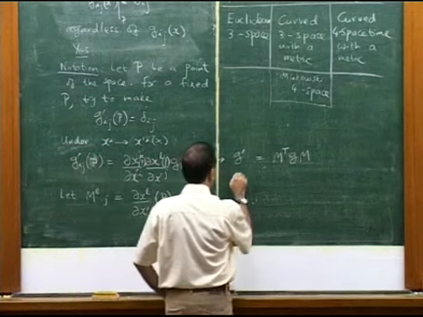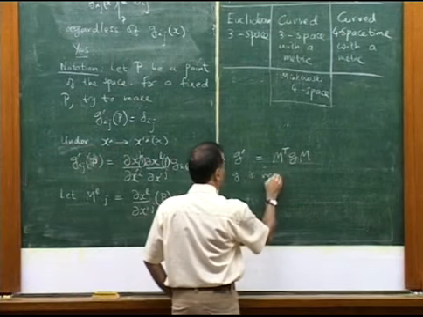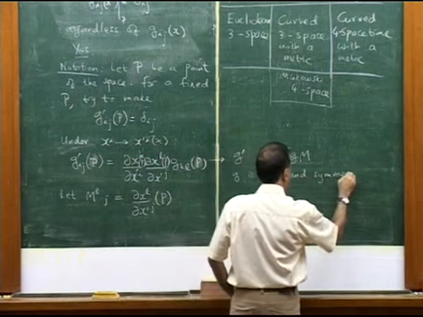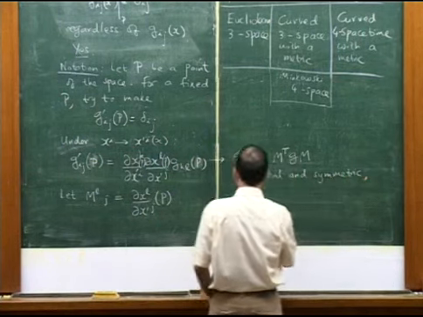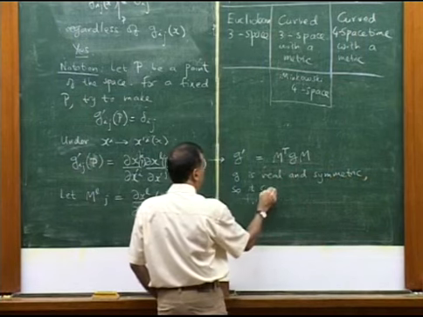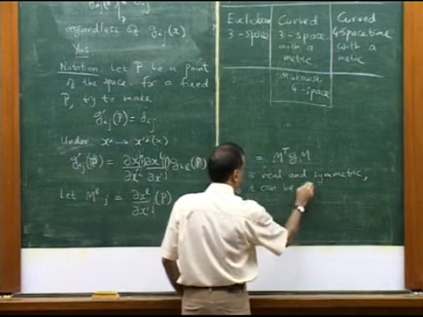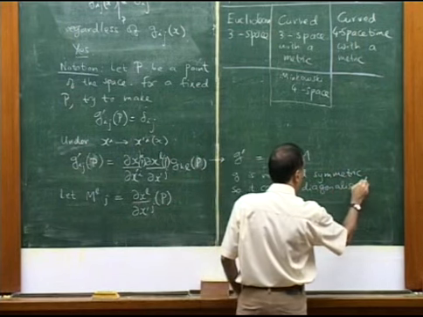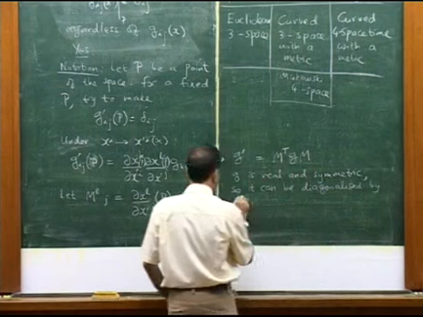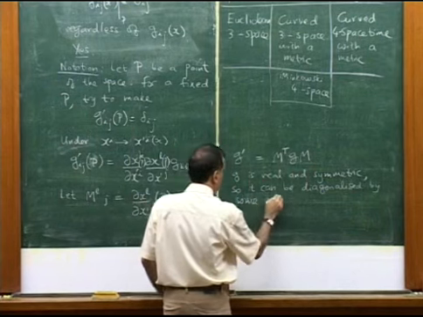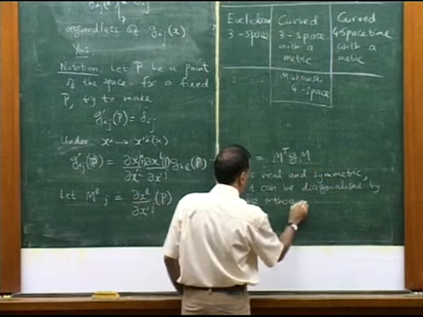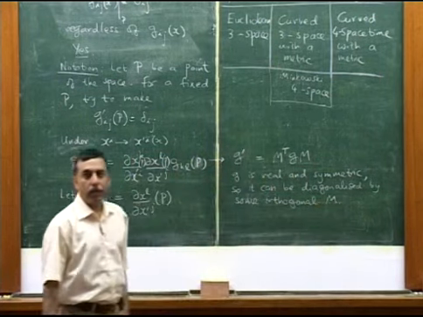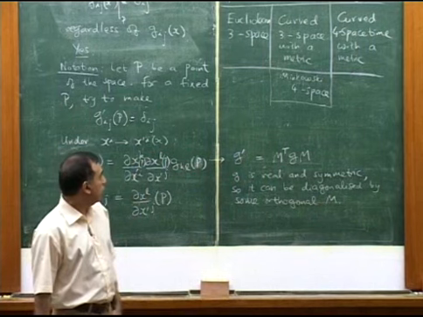So that's the equation. Now G is real and symmetric as a matrix, so it can be diagonalized by some orthogonal M. Okay, so I've got it to be diagonal.